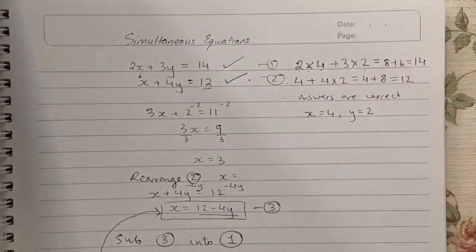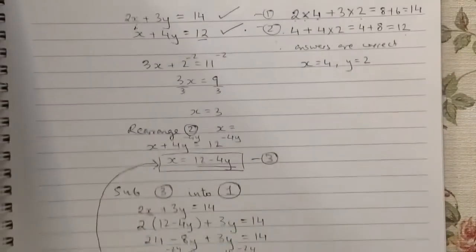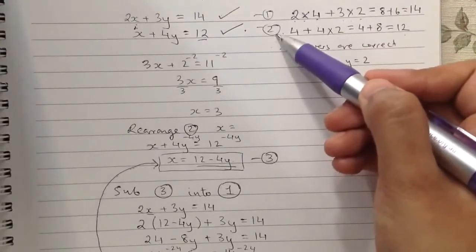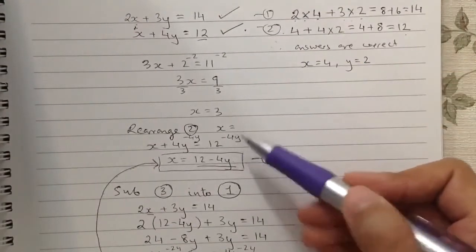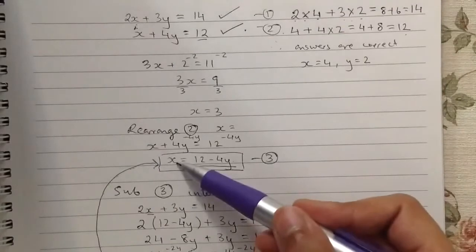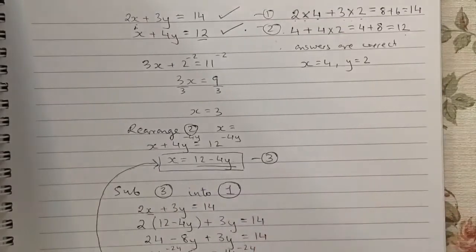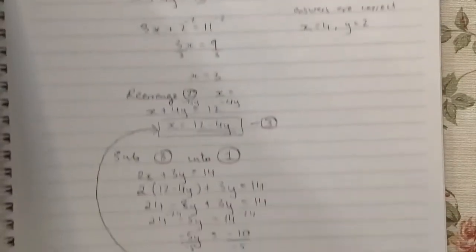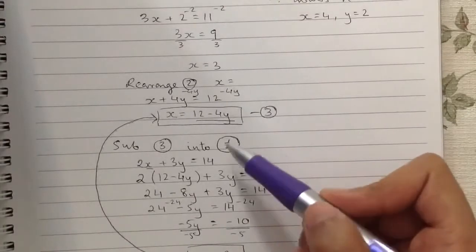So just to iterate the steps that we took, the first thing we did was rearrange equation 2 to get what x equals in terms of y. Then we subbed that back into equation 1.